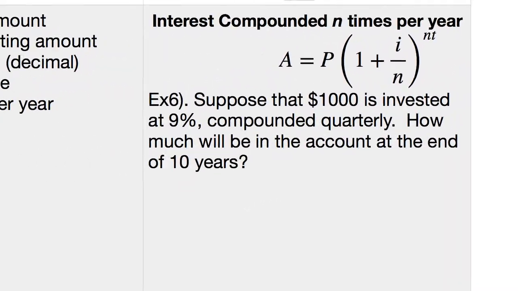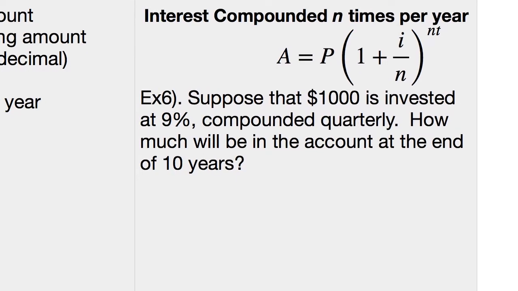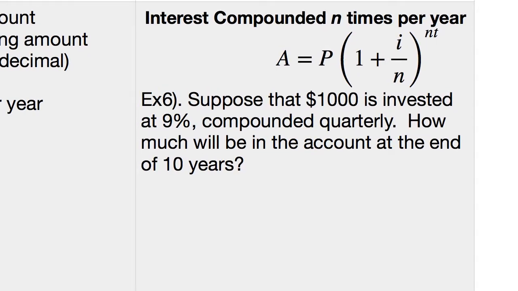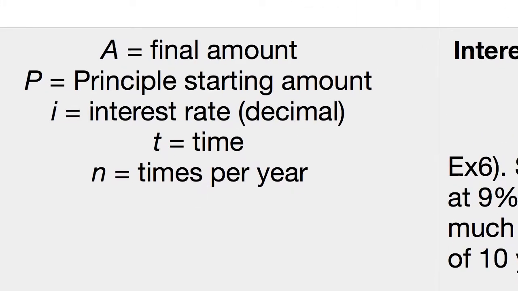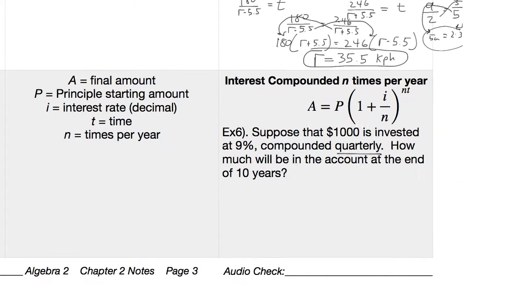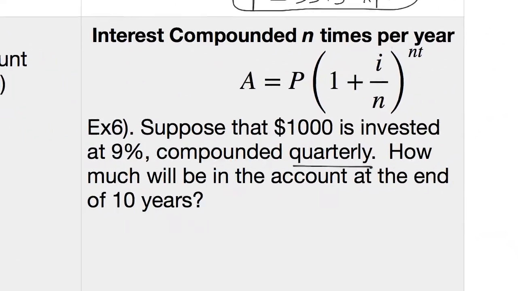So let's say they weren't just going to give you interest at the end of every year. Let's say they're going to give it to you quarterly. Now remember that n is going to be the times per year. So quarterly means 4 times a year.